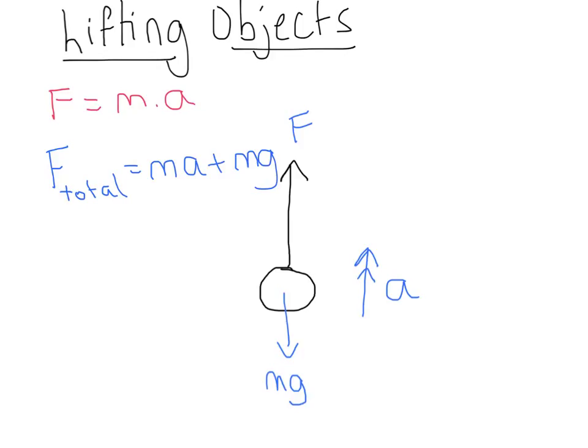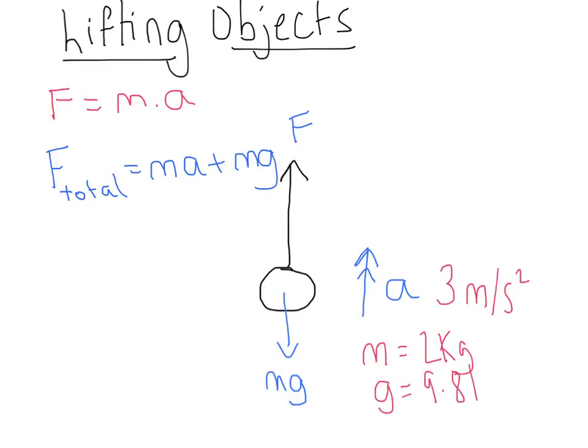So, for instance, if we had a question where the acceleration was 3 meters per second squared, the mass was 2 kilograms. Obviously, g is going to be the usual, 9.81 newtons per kilogram, or whatever unit you decide to give it. Doesn't matter too much.